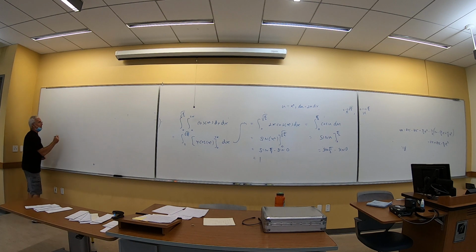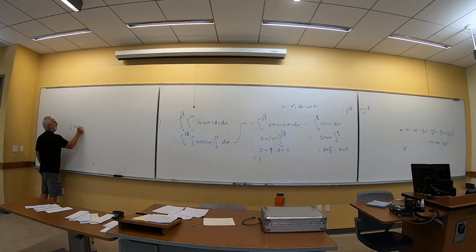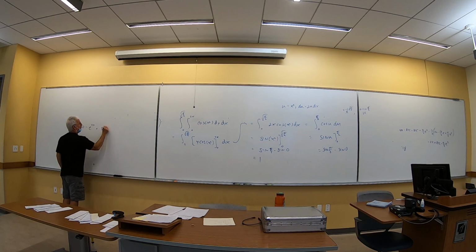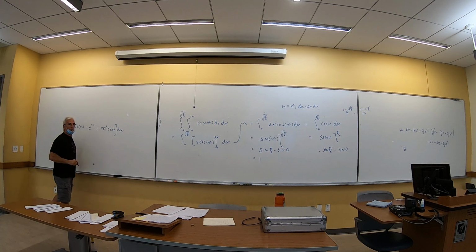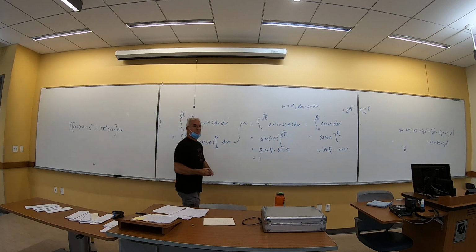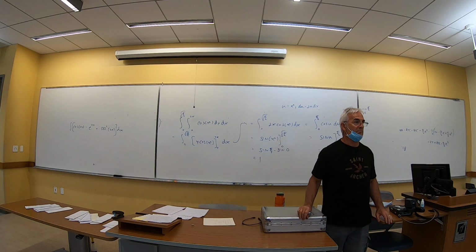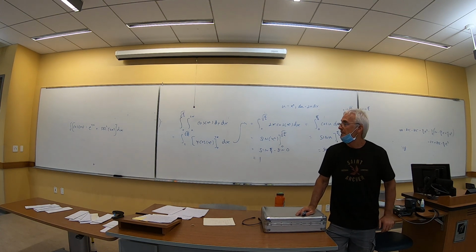Here's a question, it's a Calc 1 question. Every Calc 1 book has this. You know how to integrate each of these functions in general, right? Cosine, e, secant squared, okay.